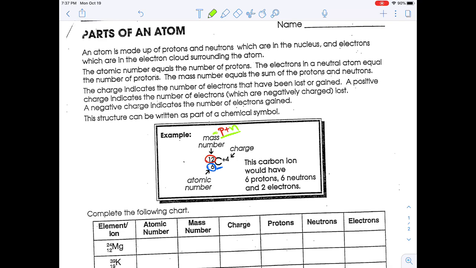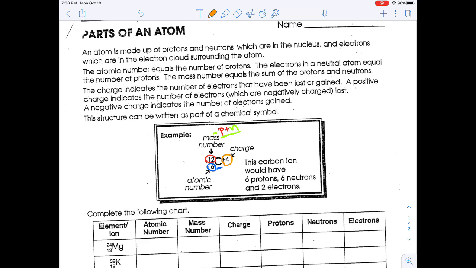What we haven't discussed before is charge. We have assumed up to this point that the protons and electrons are balanced, meaning that the positives balance out the negatives and you would have no charge, you'd be neutral. Well, that's not always the case. We have what we call ions, where the protons and electrons are not balanced.